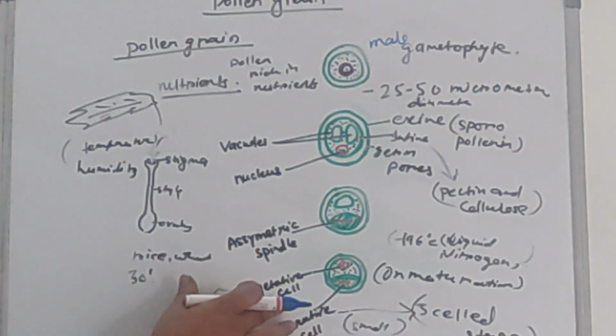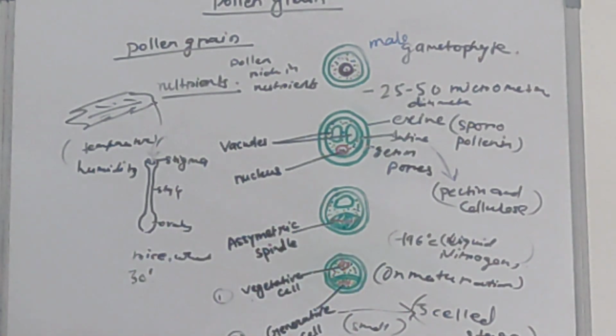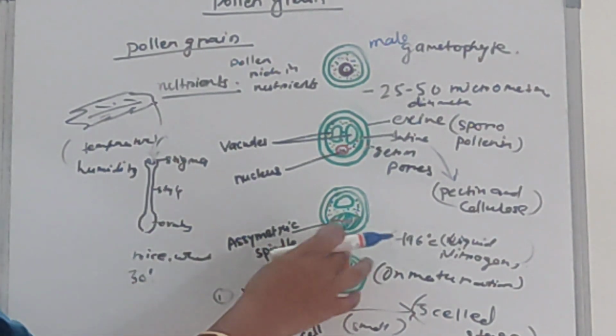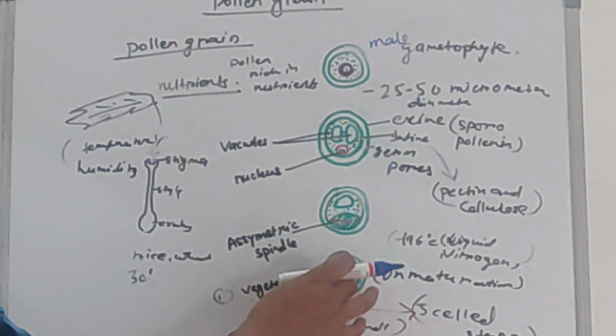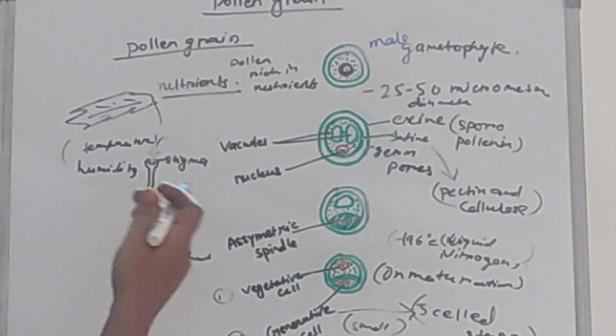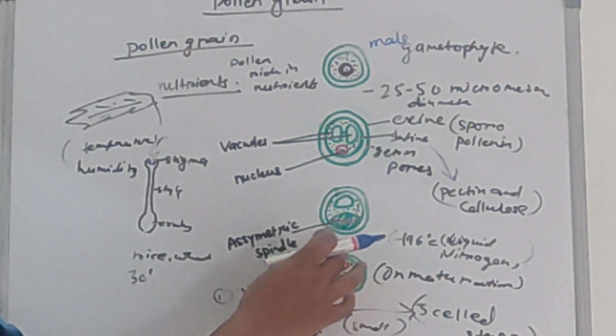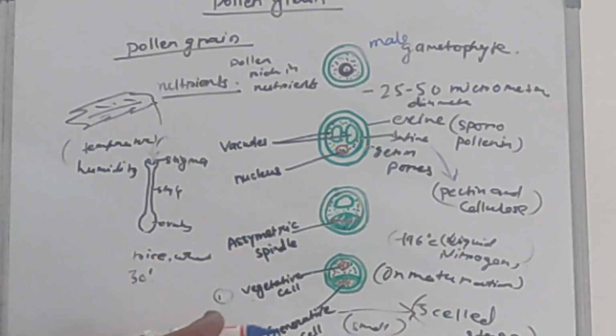The vegetative cell is bigger, has abundant food reserves, and a large irregular-shaped nucleus. It means the nucleus is not regular in shape.